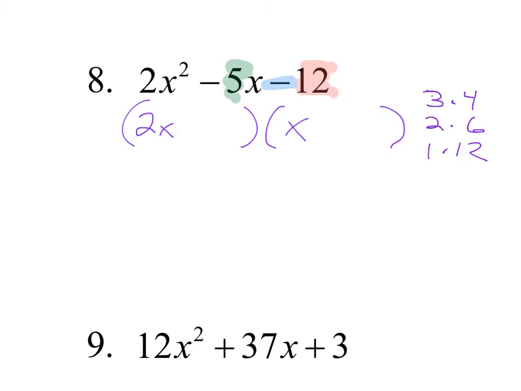Okay, so if I take the 2 and I multiply it by the 4, I get 8. 1 times 3 is 3, and that's going to leave me with 5. So I have 8 and 3.